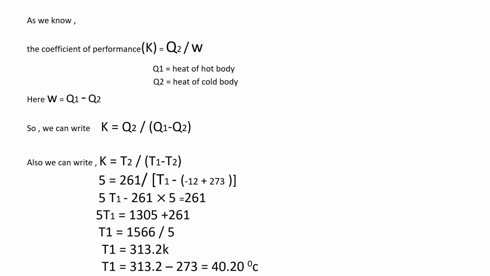So we can write that K is equal to Q2 by Q1 minus Q2. Also we can write that K equals T2 by T1 minus T2. As given in the question, put the values of T2 and K in this equation, and by solving it we get that T1 is equal to 40.20 degrees Celsius.